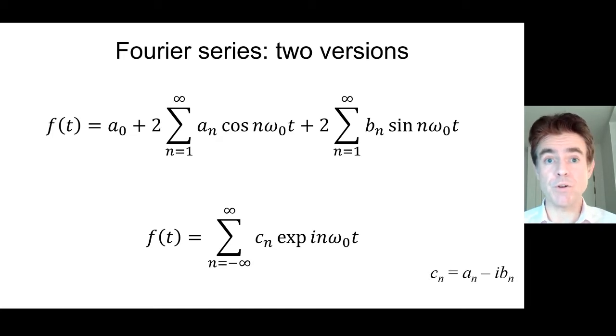But of course, this also now opens up the opportunity to do complex valued periodic functions. So that's fine, but the catch is, as I say, these are for periodic functions, and so now we want to be moving on towards functions that are not periodic.